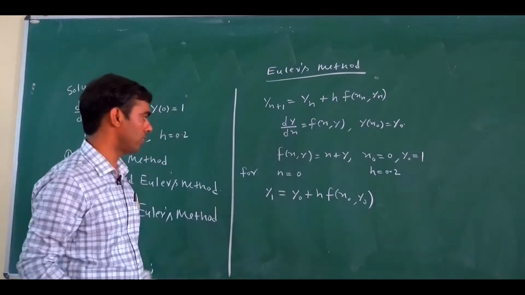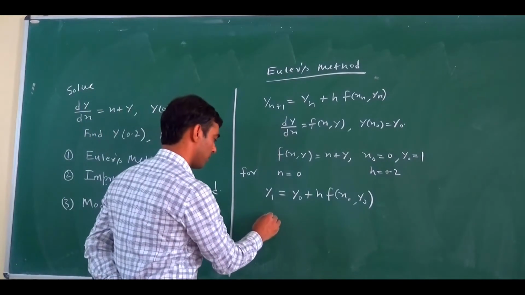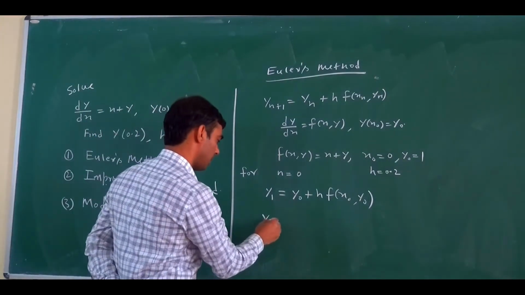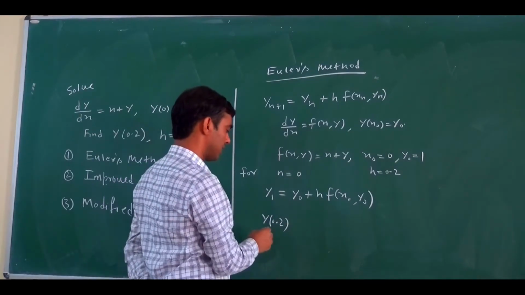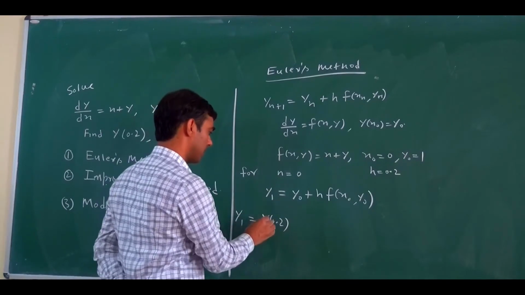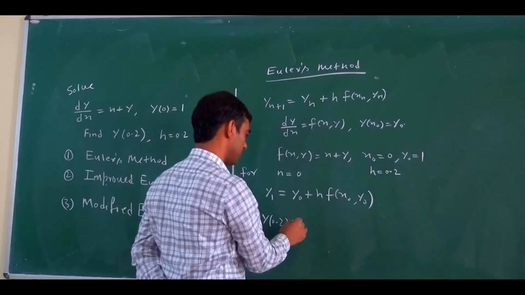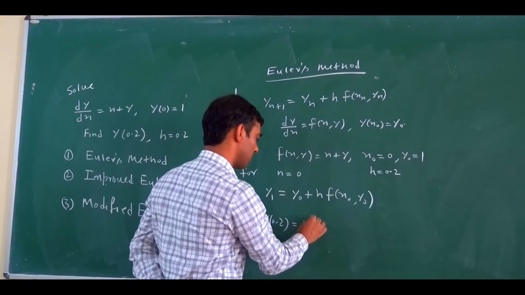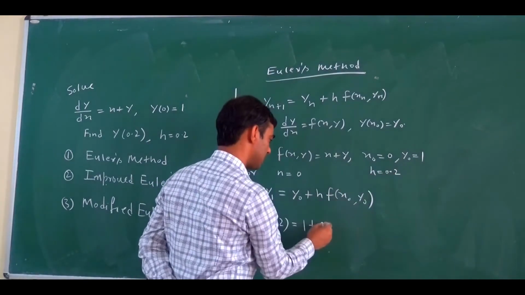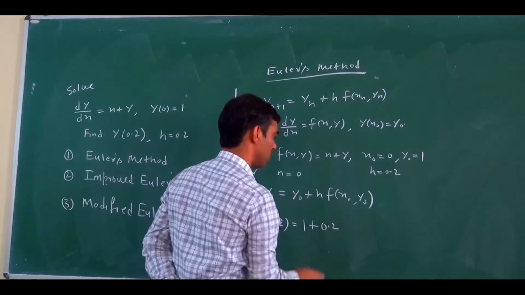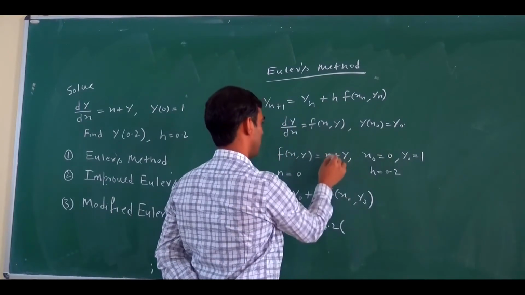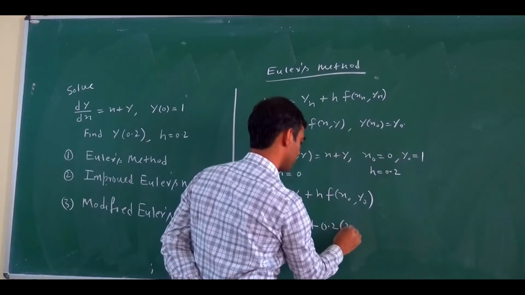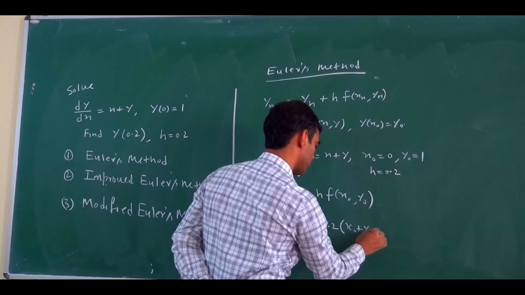So what is the value of y1, the y at 0.2? y1 = y0, which is 1, plus h, which is 0.2, times f(x0, y0), meaning x0 + y0.